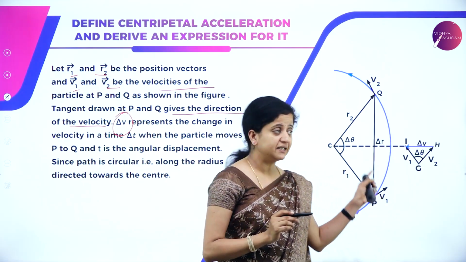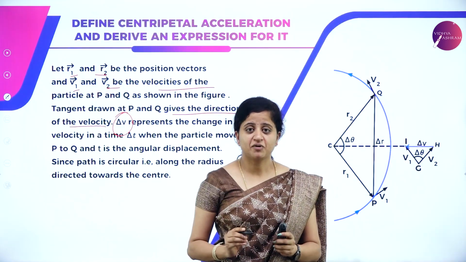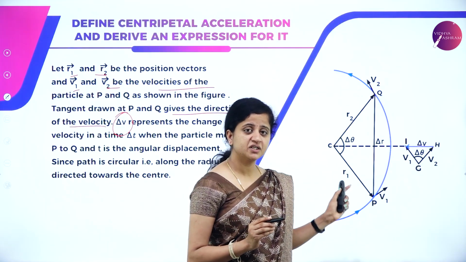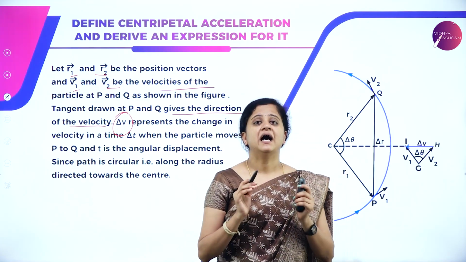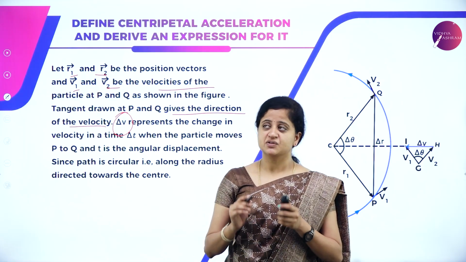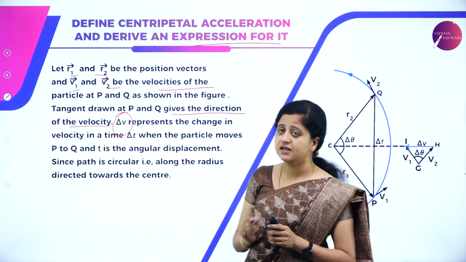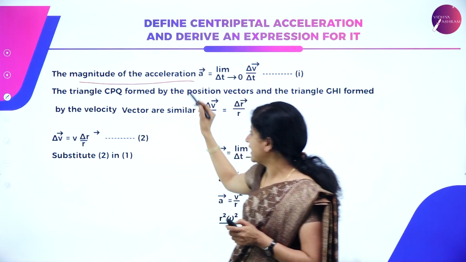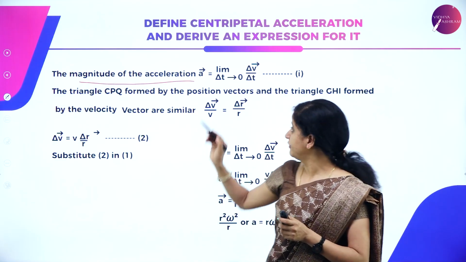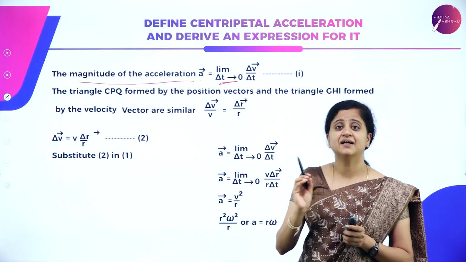In this, delta v represents the change in velocity. Whenever the body is moving in circular motion, the velocity is also changing, and there is an angular displacement. Now with the help of all these data, let us derive an expression for centripetal acceleration. The magnitude of acceleration is vector a equal to limit delta t tends to 0. What is delta t tends to 0?